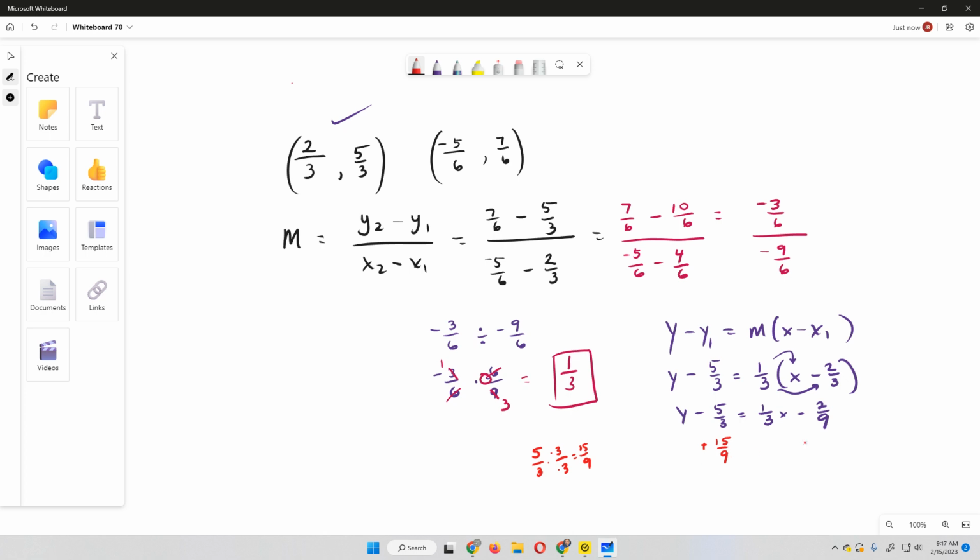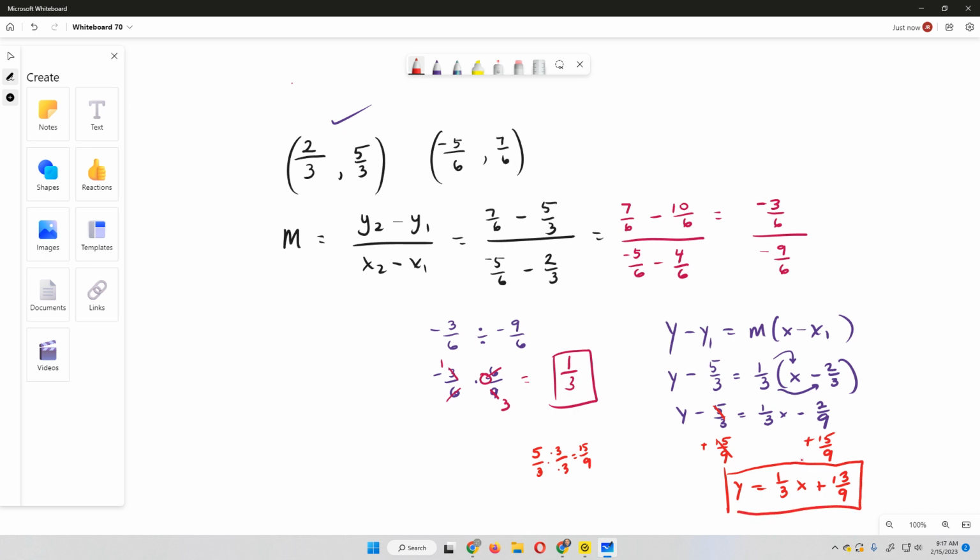So I have a common denominator of 9. So I'm adding 15/9 to each side. And so those are going to cancel, and y is going to equal 1/3 x plus 13 over 9. So there is the final answer.